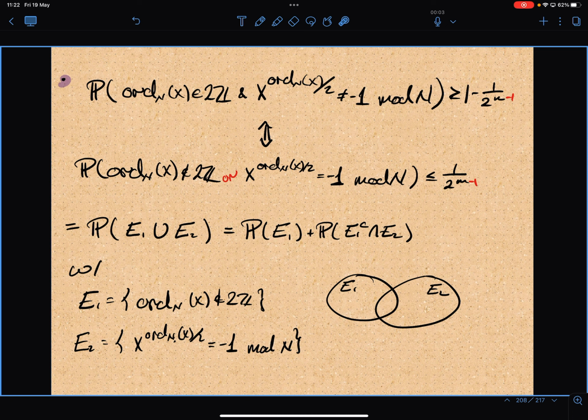So I can write this event as the union of two events. And I can write this probability as the sum of two probabilities: the probability of E1, so this region here, plus the probability of E1 complement intersection E2. That's going to be this region. So I'm splitting it up into two probability events.